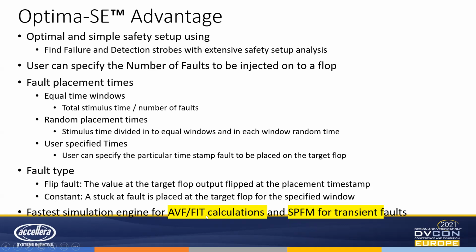And we have the fastest simulation engine, for example 24 million faults at around 1 millisecond per fault, where you can reduce your turnaround time drastically. Once you find the AVF for these 24 million faults, FIT calculations can be done, or SPFM for the whole flop set can be calculated.